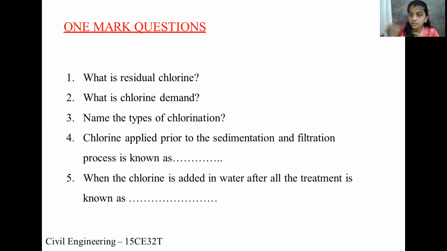The quantity, as I've already repeated many times, is 0.2 milligram per liter. And what is chlorine demand? It is the difference between the chlorine applied and the residual chlorine. The difference between the two is known as chlorine demand.